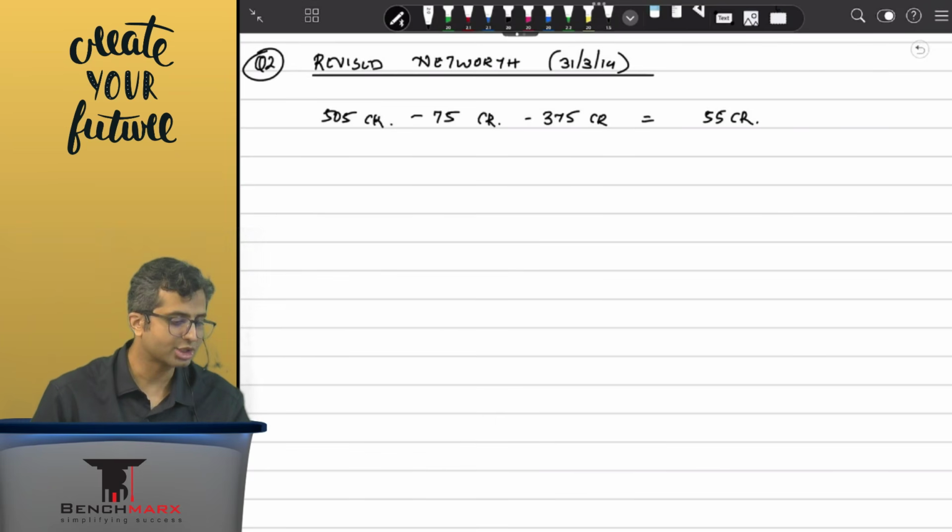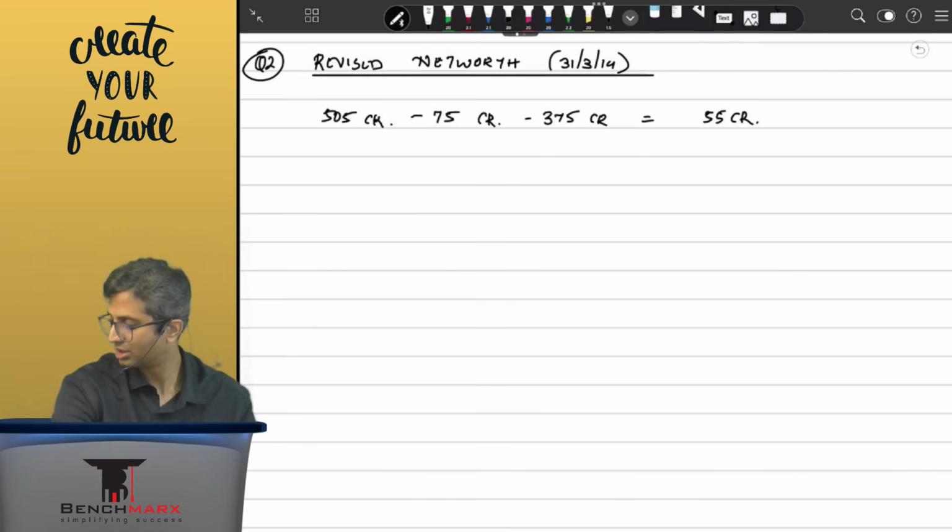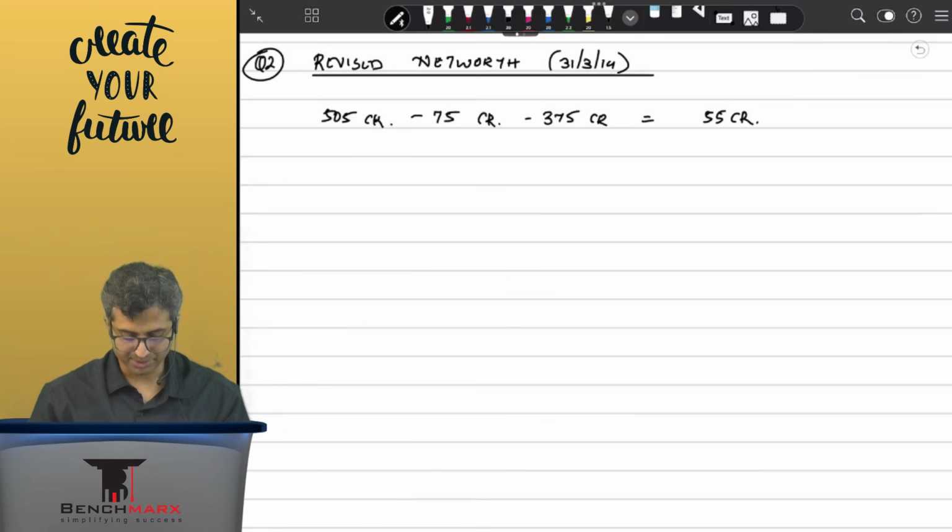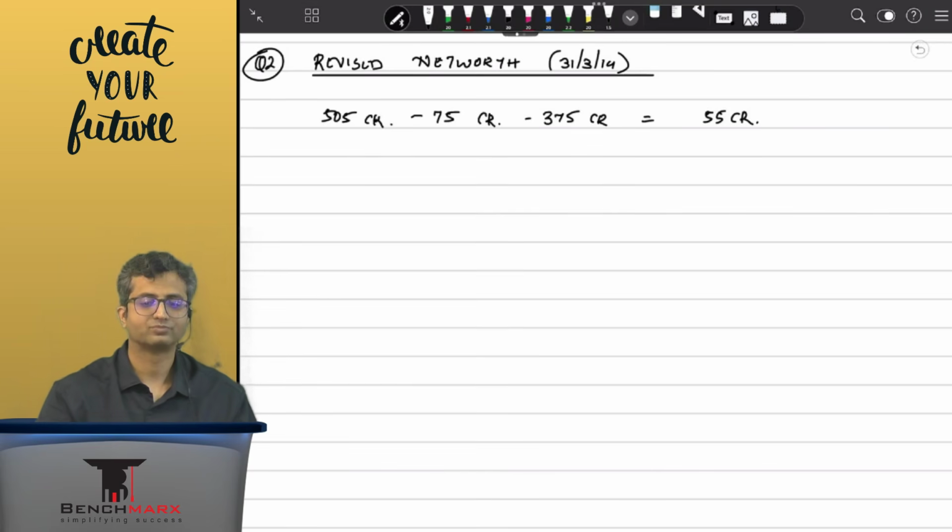In absence of net worth for subsequent years, Ind AS will not apply in 16-17.